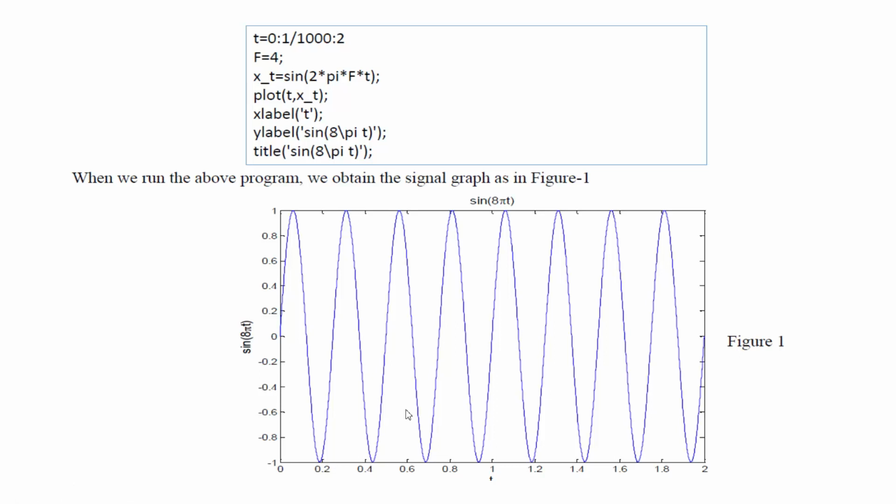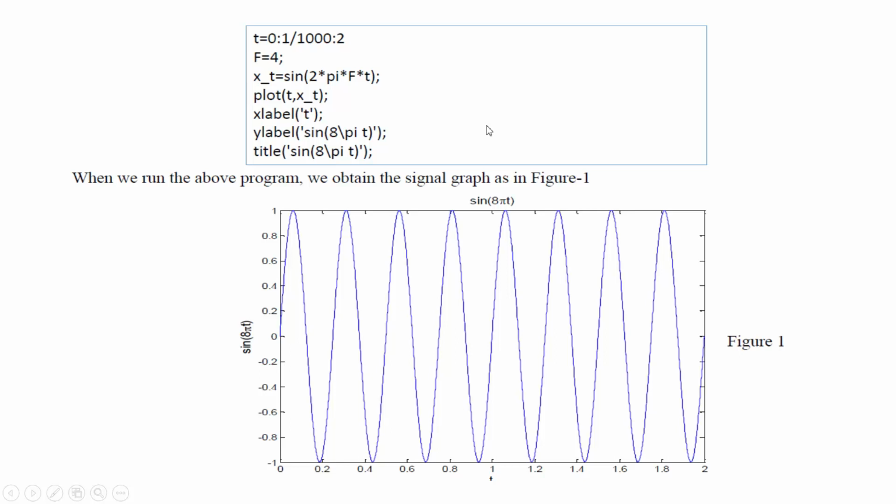Xlabel will label the x-axis with t, ylabel will label this axis as sine 8 pi t. This is how the labeling is to be done. The title of the graph is sine 8 pi t. So that's how you can define the title.